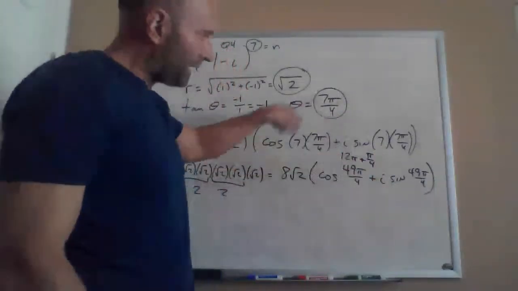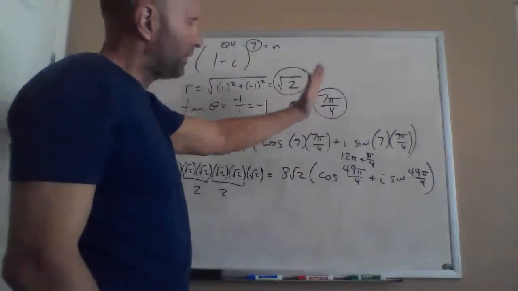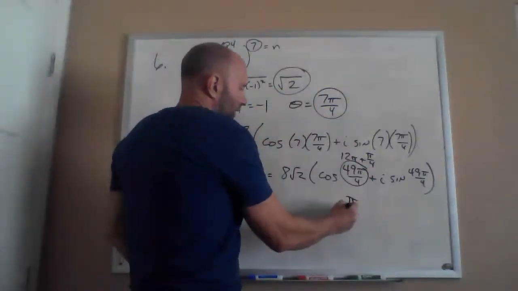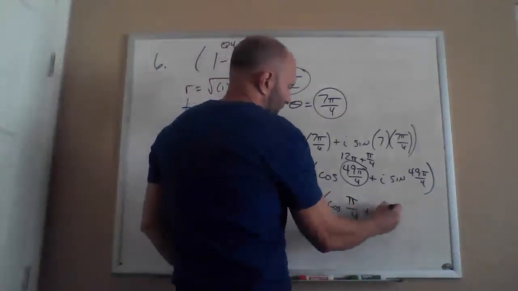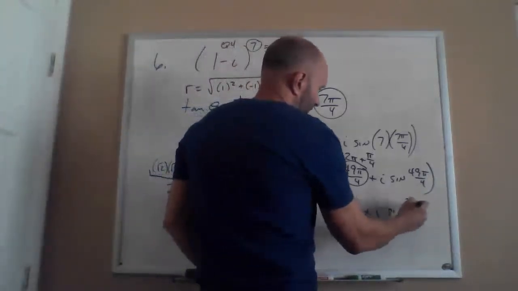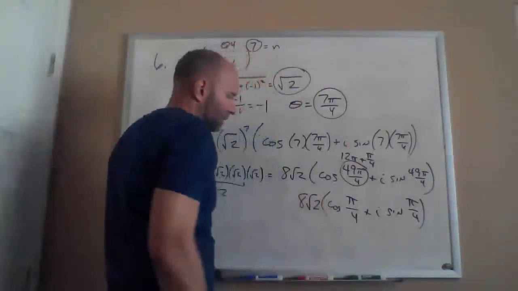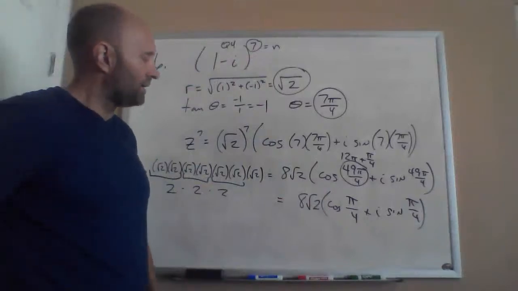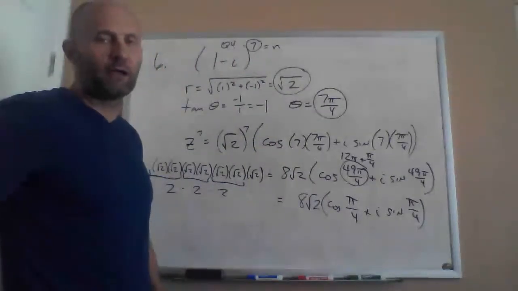So 12 pi puts me back at the start. It's an even number, plus pi over 4. So this guy is really equivalent to just pi over 4. So we get to this point here, 8 root 2 times cosine of pi over 4 plus i sine of pi over 4.